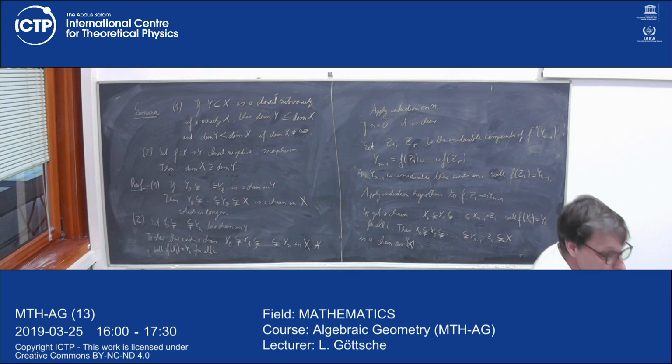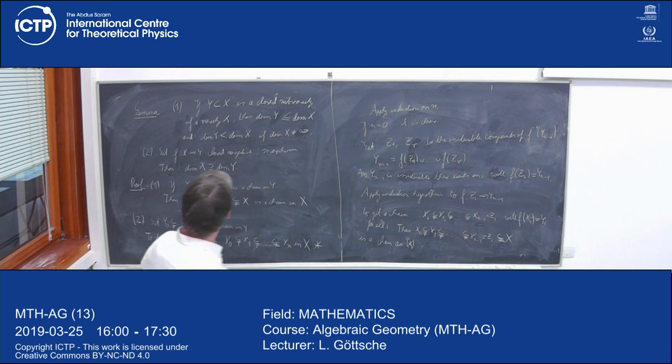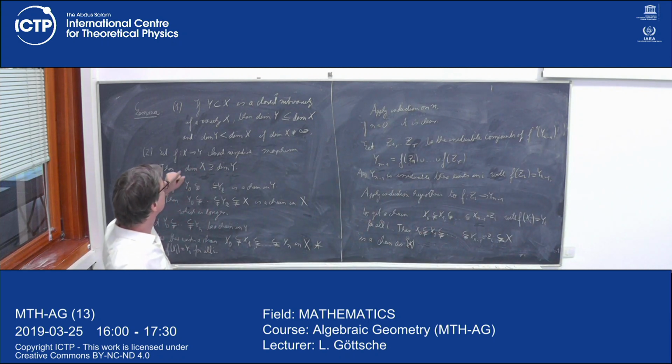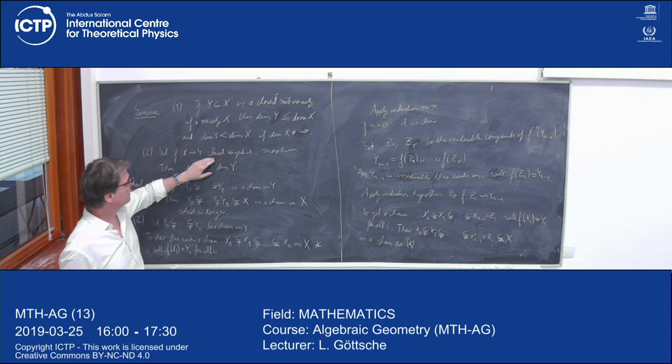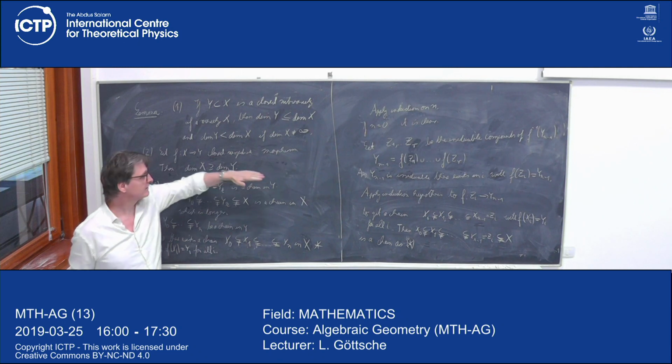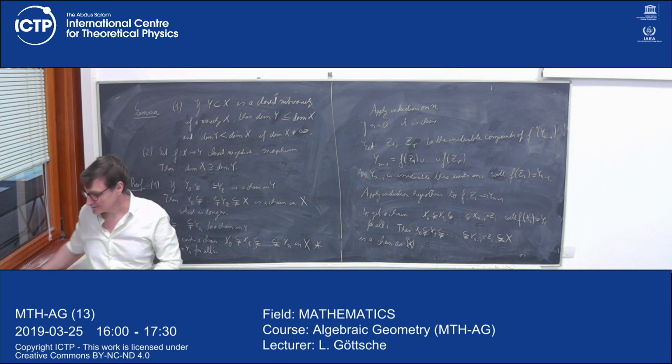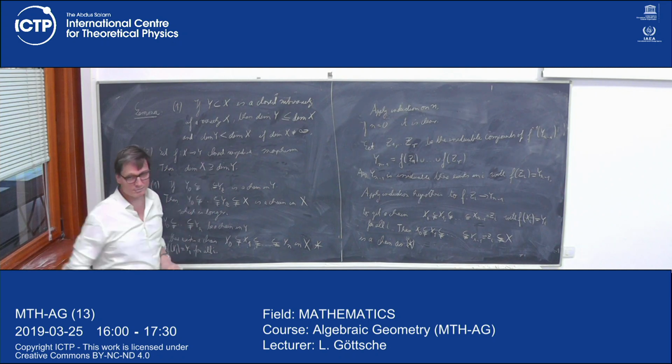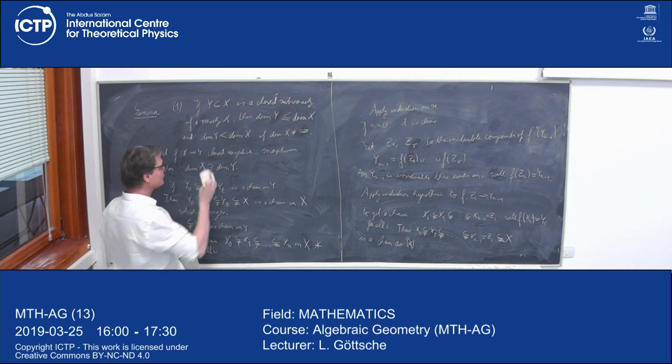How can I show f of zi is closed? Oh, we already know that, since we have assumed that it's a closed morphism. Yeah, I need this assumption. But maybe I didn't stress it enough, maybe also didn't write it clearly enough, but this is a closed surjective morphism.